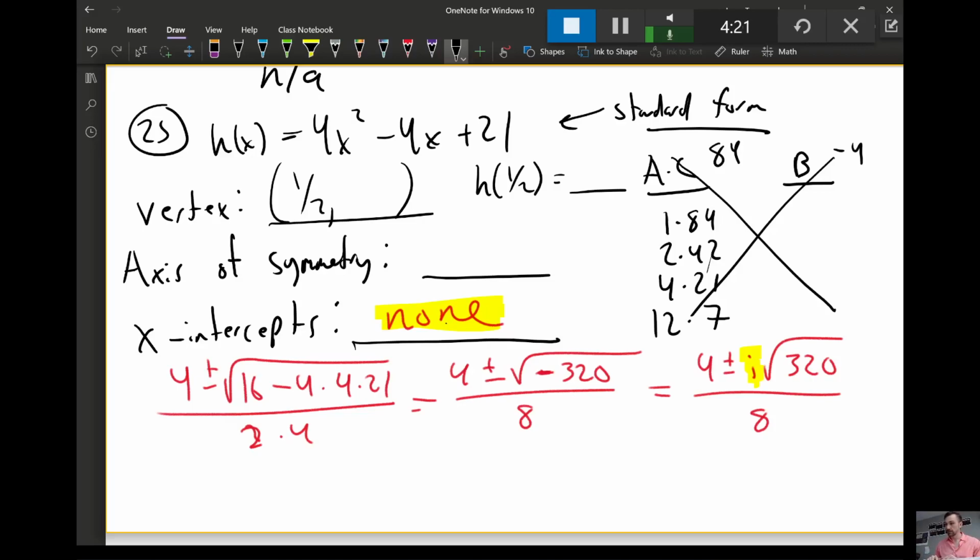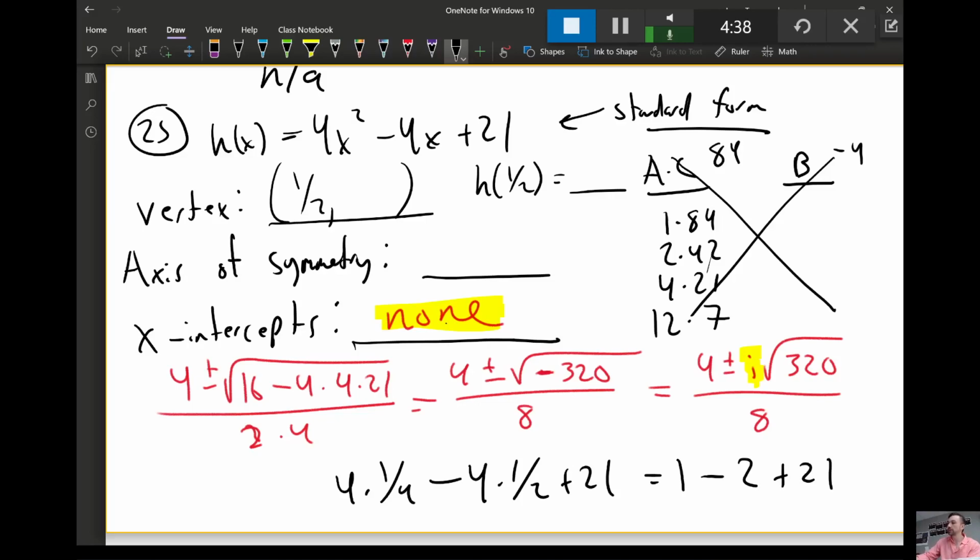Okay, I guess I can do that by hand. 4 times a half squared would be 4 times a fourth. So this would be 1 minus 2 plus 21. So 22 minus 2 would be 20. When x is 1/2, y would be 20.